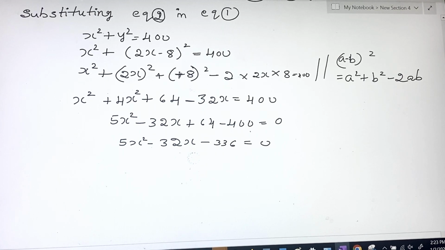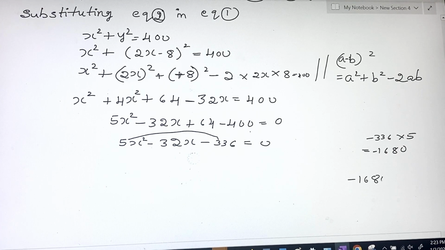Now I'll simplify this equation. How? Multiply 336 into 5, which is 1680, so minus 1680.